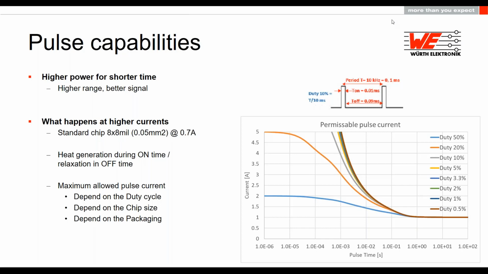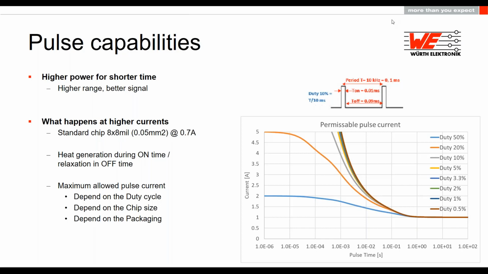You can see here a short graph of a pulse capability measurement for our high power LEDs. This is basically done in a standard thermal chamber following the JEDEC 51 standard.